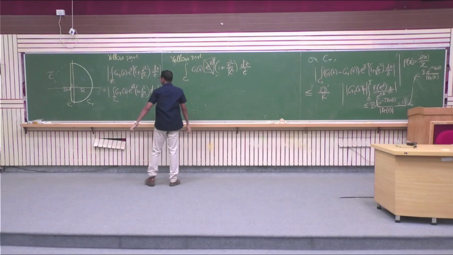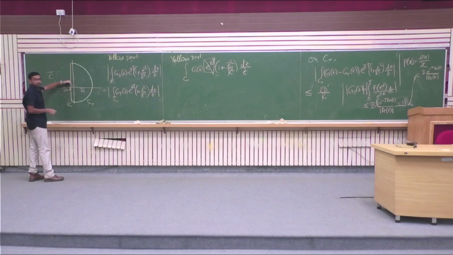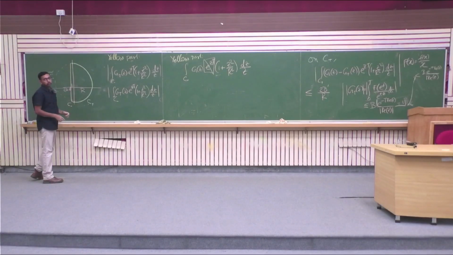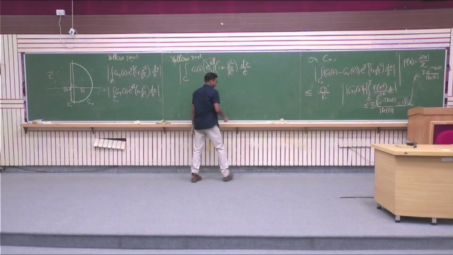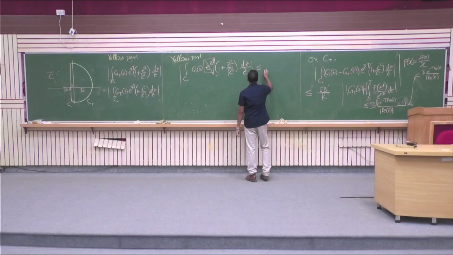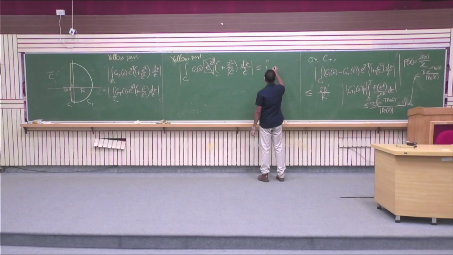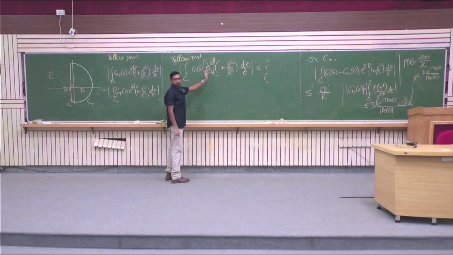And note that z is negative here, I mean, the real part of z is minus delta. So if you take the absolute value there, this one is less than or equal to the integral over C minus of some function which remains bounded. You can take that bound and call it M, say.